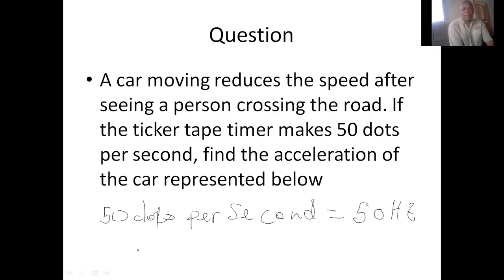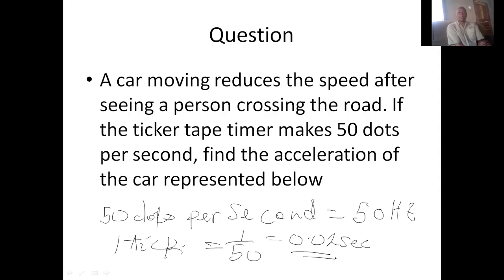And we note that per each tick, one tick on a ticker tape timer will be equal to 1 divided by 50, which is actually 0.02 seconds. So this is very important.